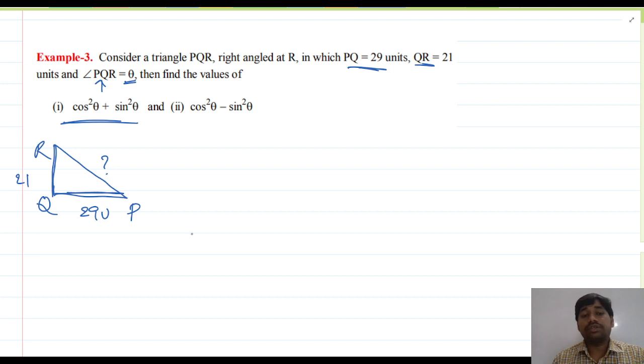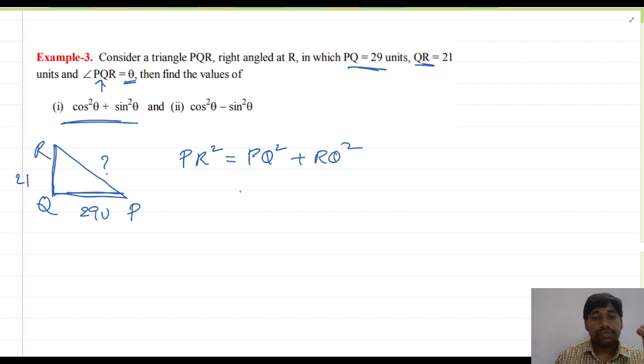If you want to find the third side, what we can do is hypotenuse square, that is PR square, is equal to PQ square plus RQ square. PQ is 29 units plus 21 units. So if you do the square of it, wait.